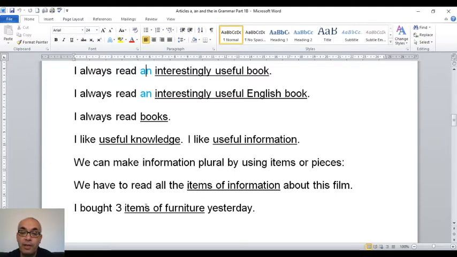I bought 3 items of furniture yesterday. Again, I cannot say a furniture, I cannot say furnitures, I have to say 3 items of furniture or 3 pieces of furniture. So the plural of furniture is items of furniture or pieces of furniture.